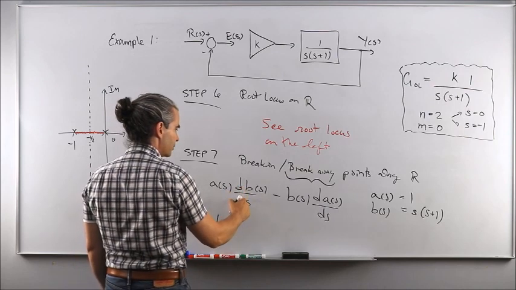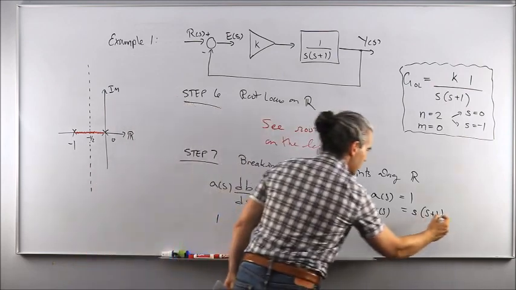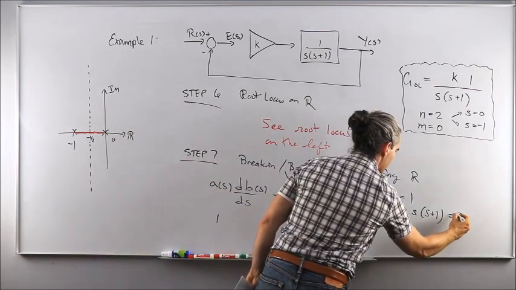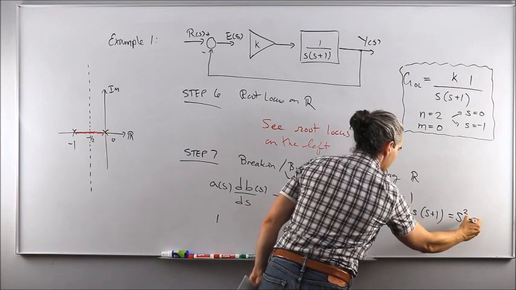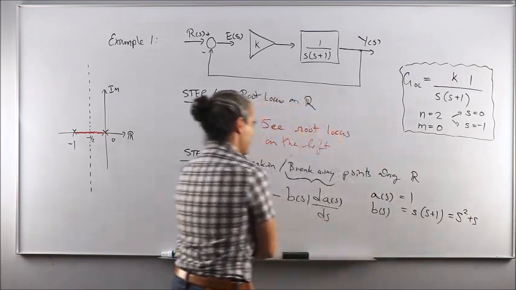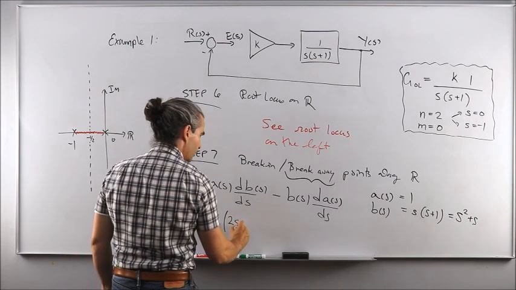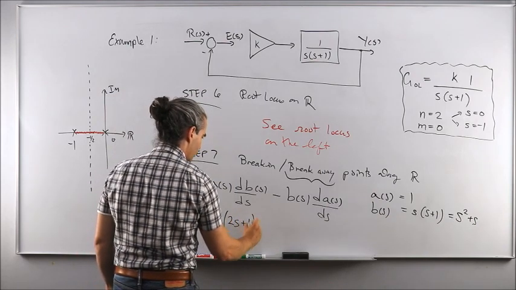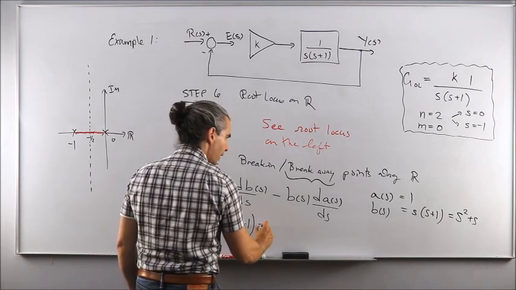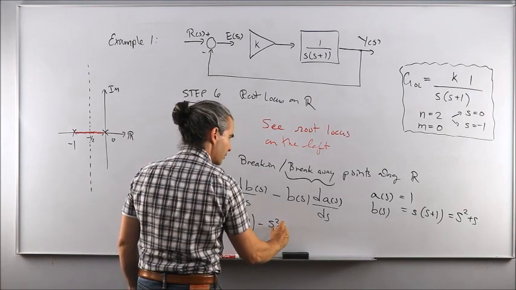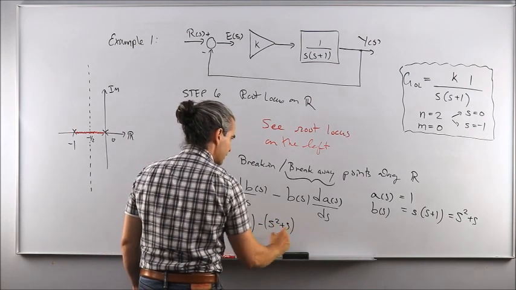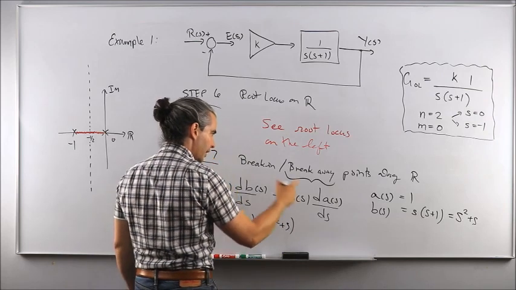Derivative of B with respect to s. To help me out, I'm going to rewrite it as s squared plus s, such that I'm going to get 1 times 2s plus 1, minus B, s squared plus s, times the partial derivative of A with respect to s.